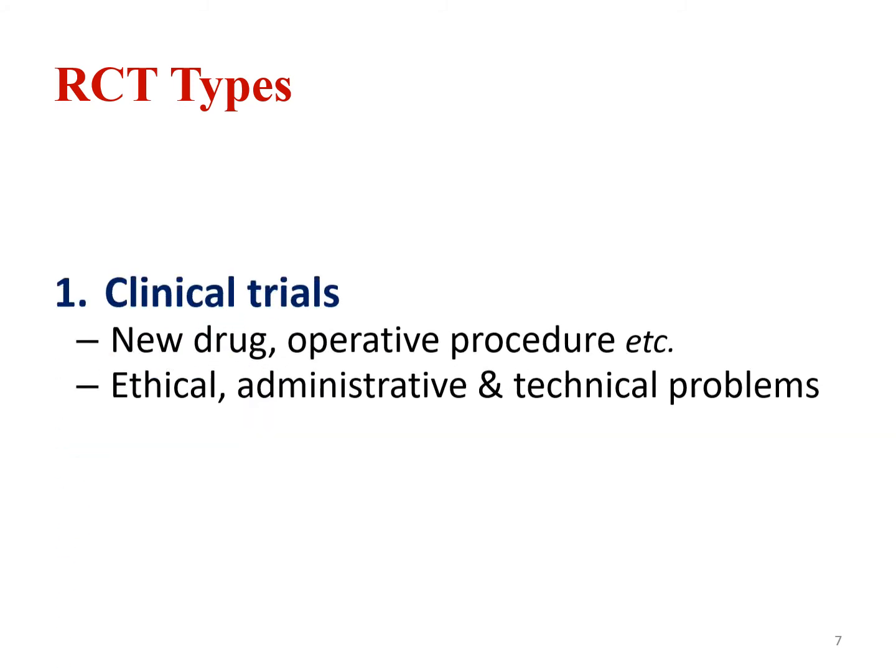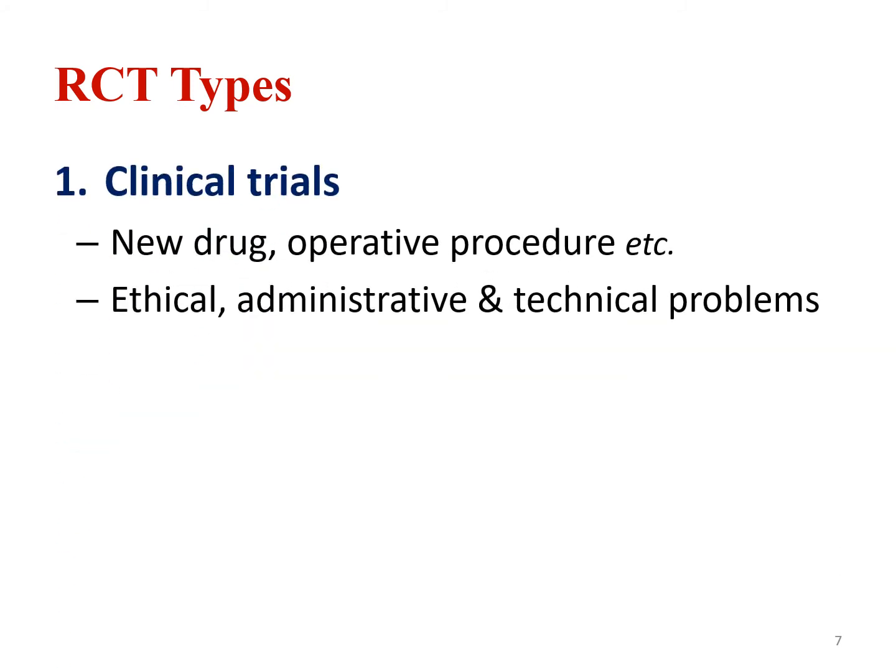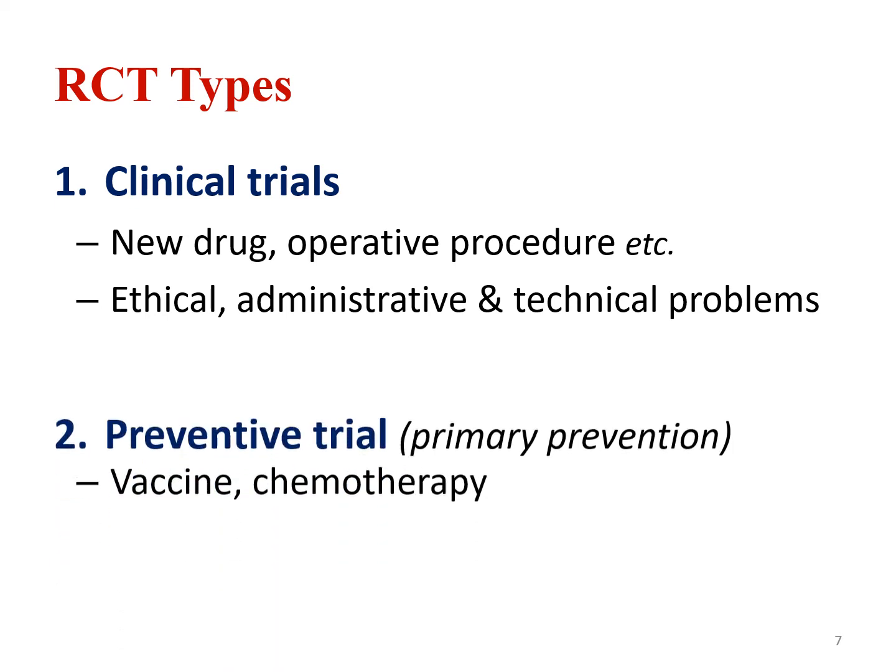Now we will discuss different types of randomized controlled trials. Number one is clinical trials. This trial is regarding a new drug, new operative procedure or new technique. Ethical, administrative and technical problems can occur in this type of trial.